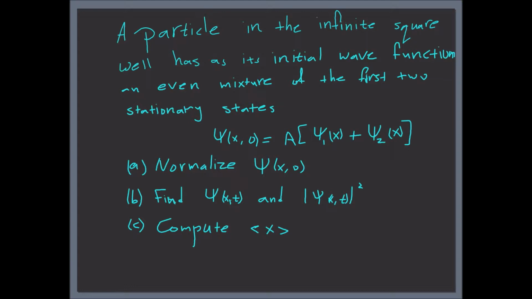We're gonna first normalize the wave function, and then we're gonna find it in terms of time, and then we're gonna find its probability density. This is psi star psi, and then we're gonna compute the expectation value of the position. Keep in mind that we're gonna use a formula called Euler's formula.